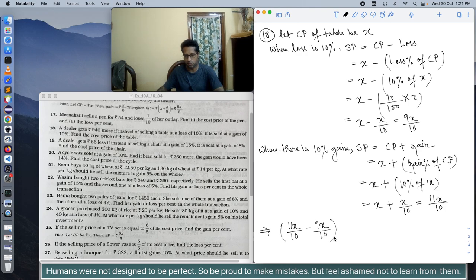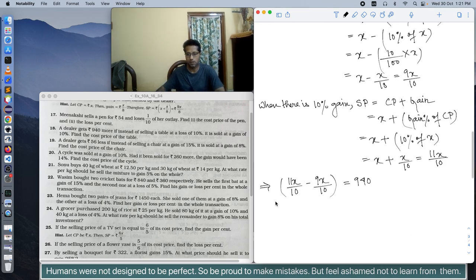The difference of the two selling prices must be equal to 940, because it is given that a dealer gets rupees 940 more if instead of selling a table at a loss, it is sold at a gain. We have this. Simplifying the left hand side, we get 2X by 10 is equal to 940.